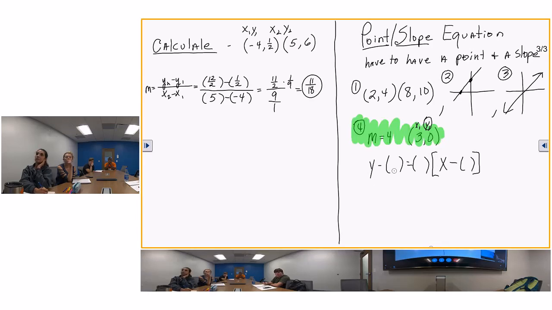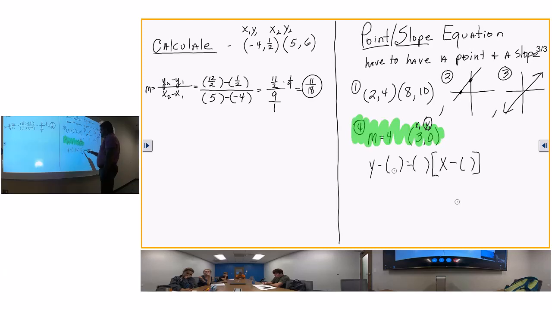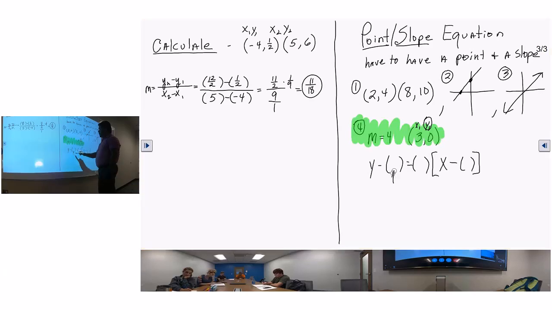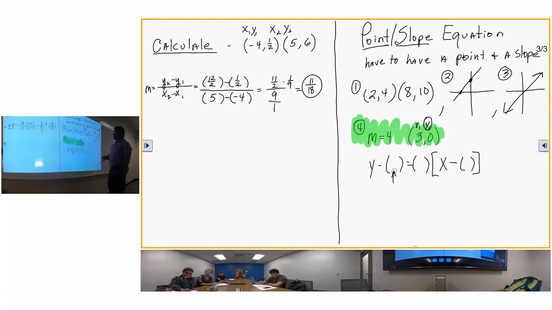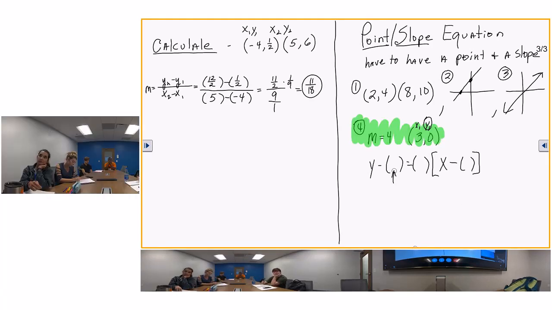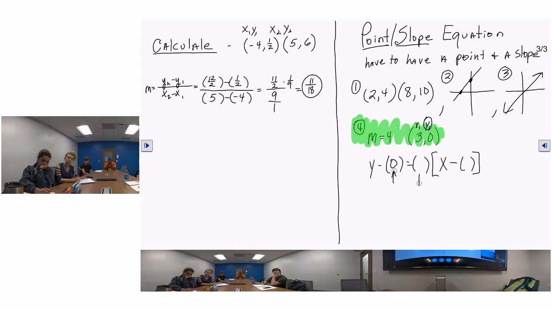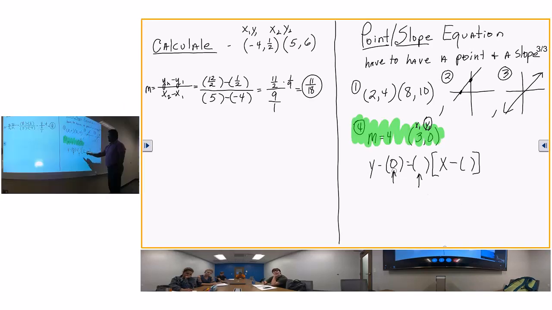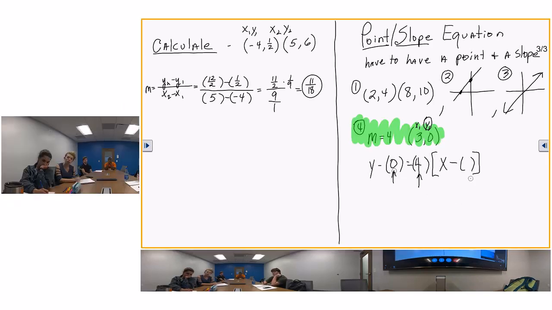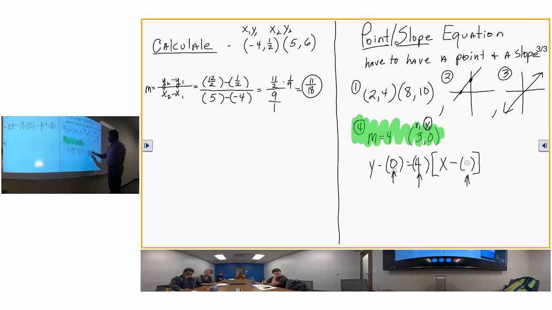So y minus y sub 1 is equal to m times x minus x sub 1. What do I put right here? The 0. What do I put right here? 4. And what do I put right here? 3. And now solve it.